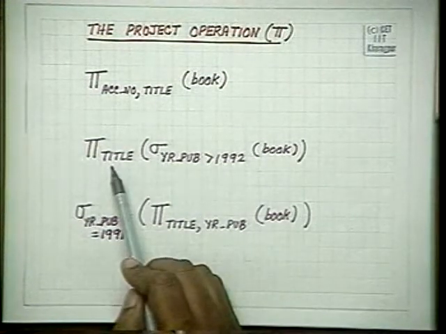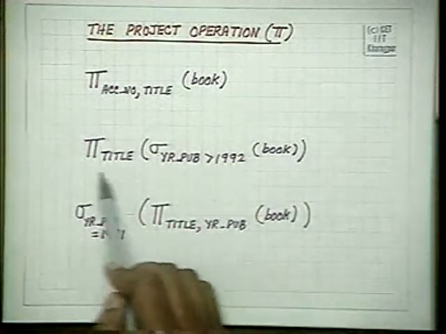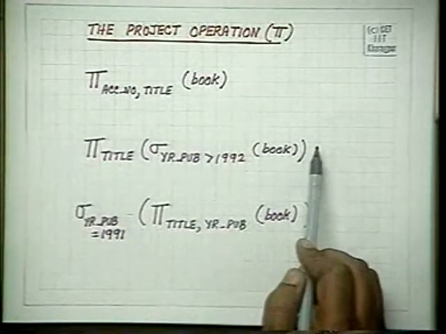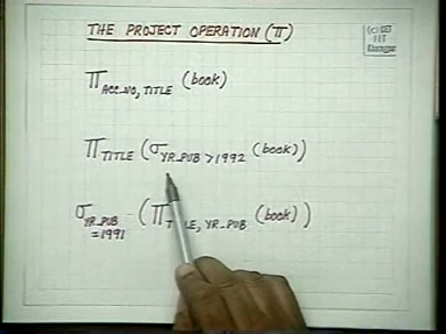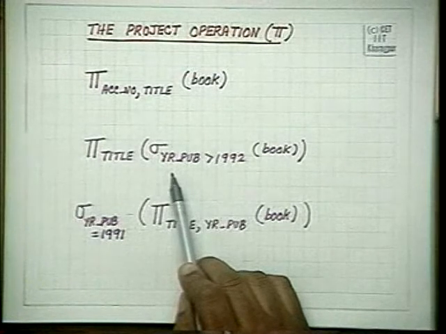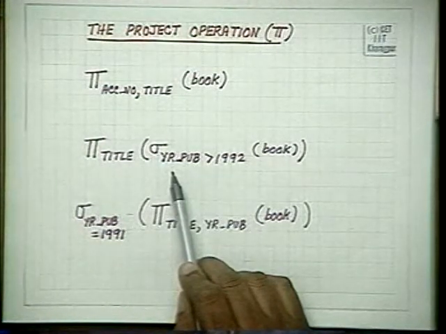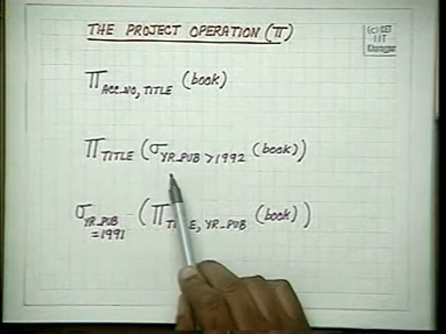And we will select out only those titles. So this one is actually a query stating: find out the title of all books in the library which have got year of publication after 1992.